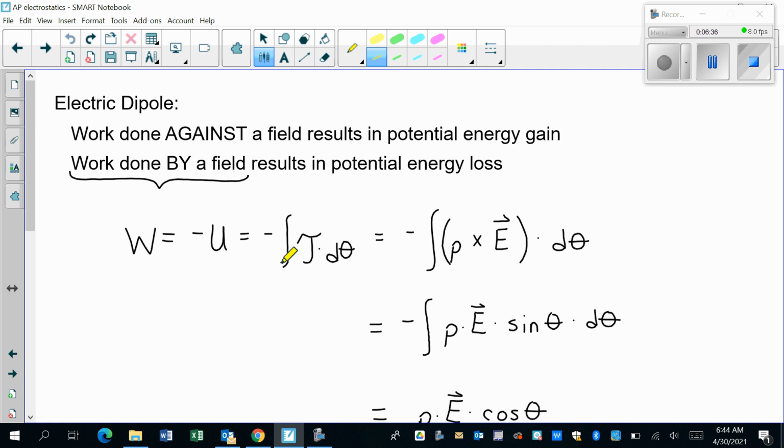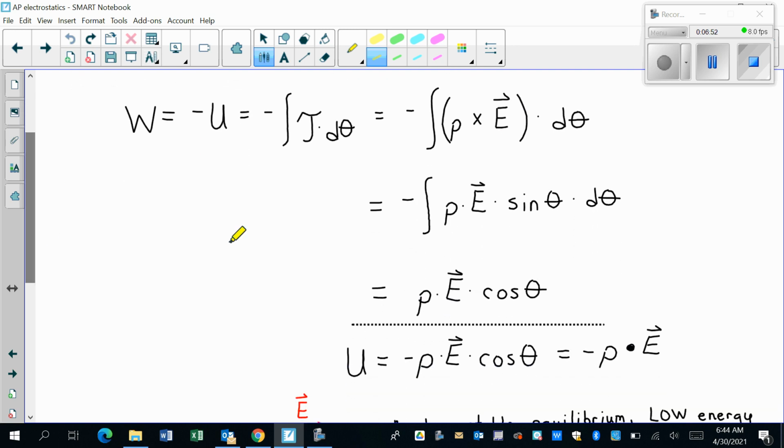So we have this equation from long ago in our rotation section, torque, which is our angular force multiplied by our angular distance, force times distance. And now we have a way to express our torque. It's P crossed with E. So we don't want to have to deal with a cross product, so we bring in a sine function instead. And so we have P E sine theta d theta.